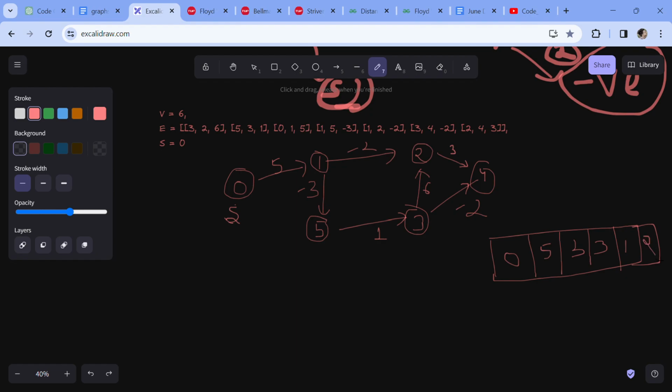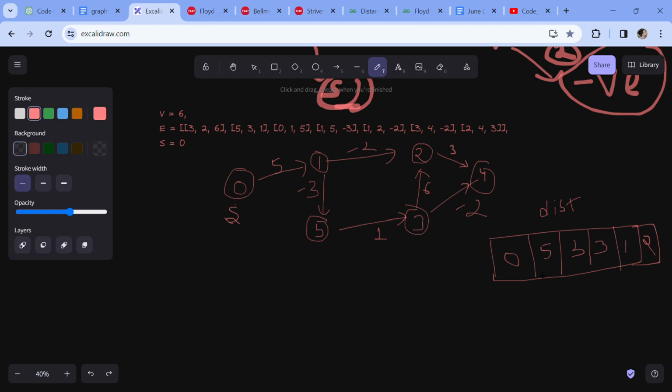So this is my shortest distance array. Let's say the name of this array will be distance. This distance array will contain all the shortest distances from the source node to all the vertices of the graph.